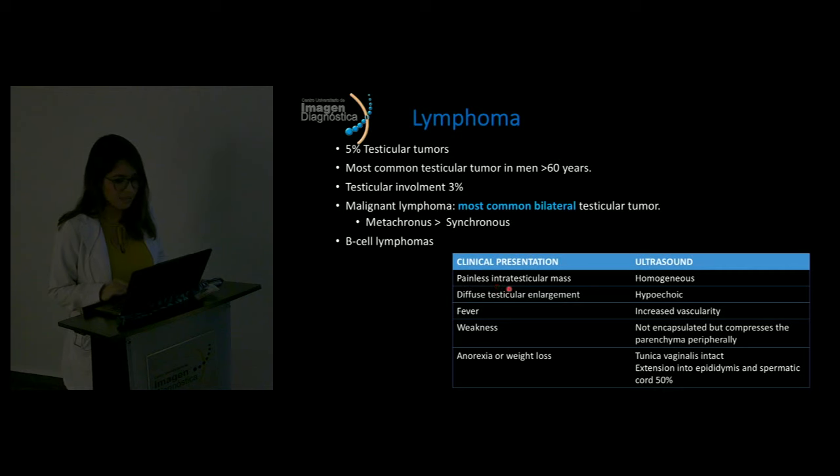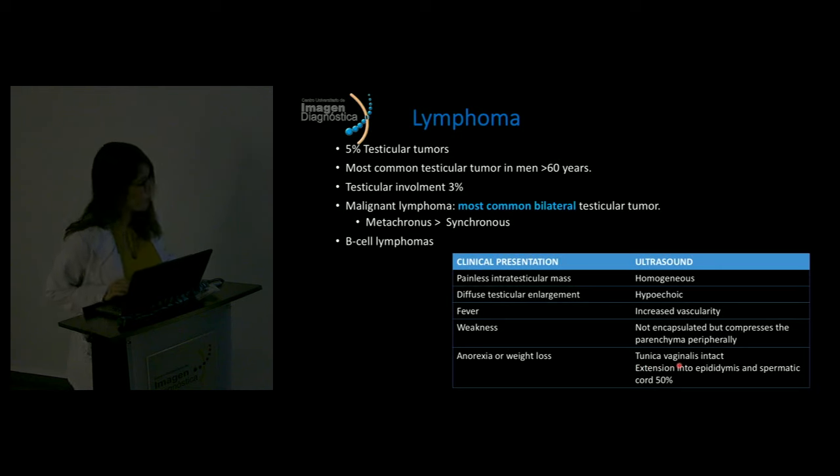On the clinical presentation, we have a painless intratesticular mass with a diffuse testicular enlargement, and fever, weakness, anorexia, or weight loss as constitutional symptoms. By ultrasound, we can have a homogeneous hypoechoic mass with increased vascularity, not encapsulated but compressing the parenchyma peripherally, and the tunica vaginalis may be intact.